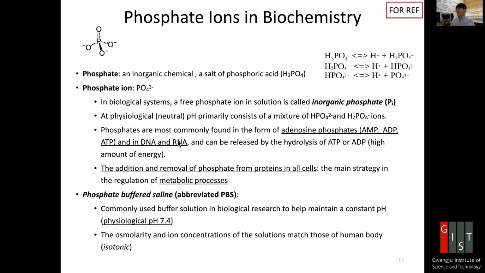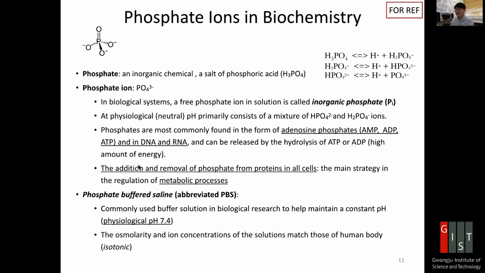Why is phosphate so important? Because the bonding contains very high energy, which can be released by hydrolysis of ATP or ADP, creating a high amount of energy. You probably heard that ATP, adenosine triphosphate, is the currency of our life.